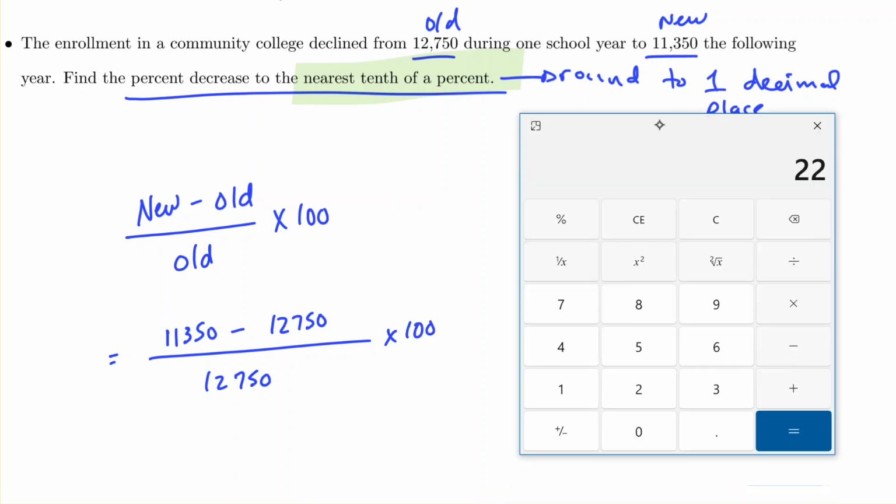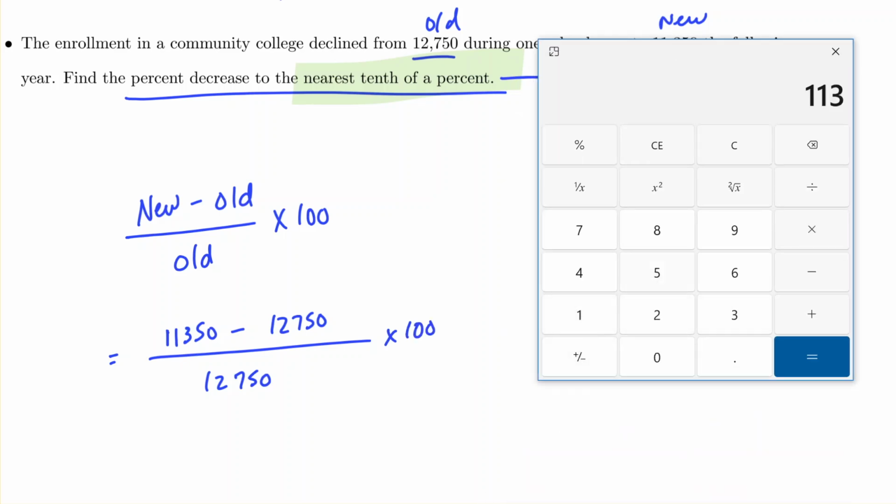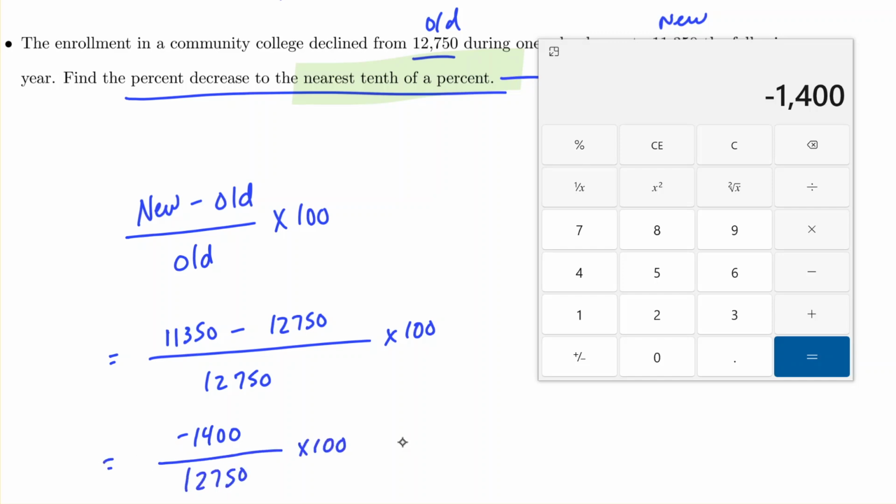We'll use our calculator and we'll find this. 11,350 minus 12,750, negative 1,400 over 12,750 times 100. And we get this value.